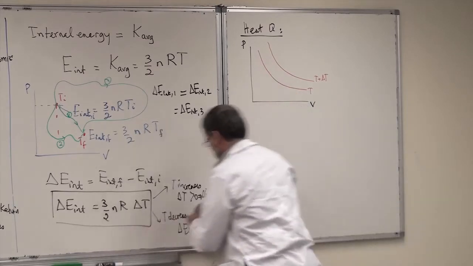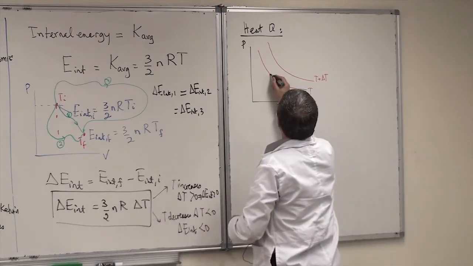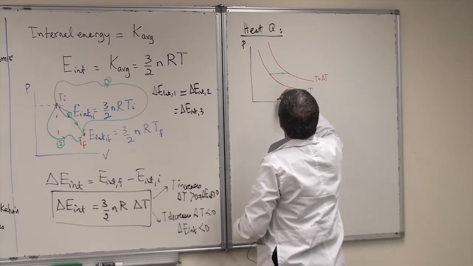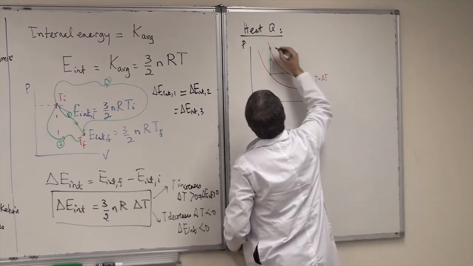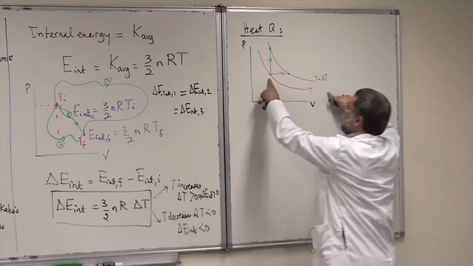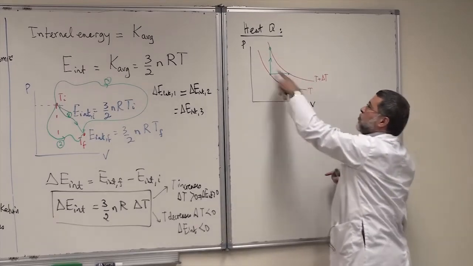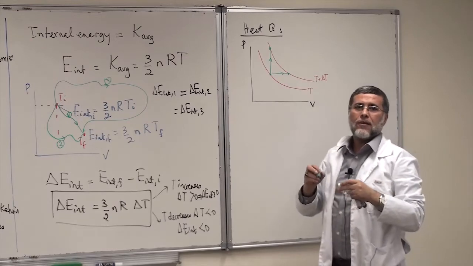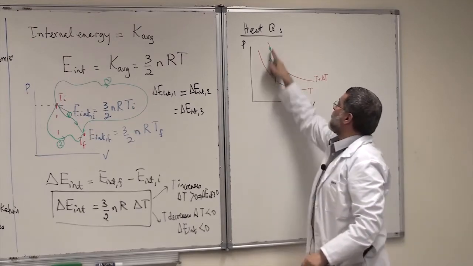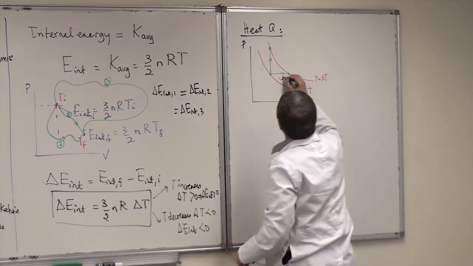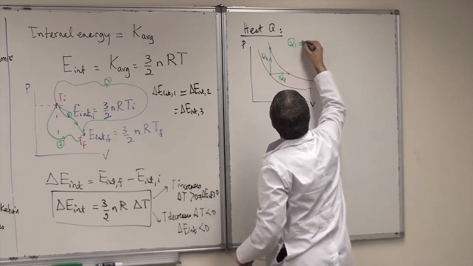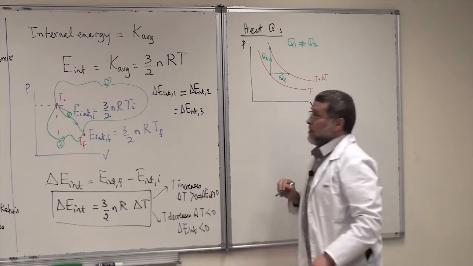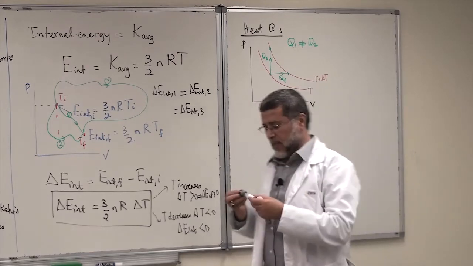So if we go now from this point like this, or you go from this point like this, and calculate the heat, even though T initial and T final are the same for both, Q is different because it is path dependent. This path is different from this path. So I call this one Q1 and I call this one Q2, and I'm going to show you that Q1 is different from Q2, even though the internal energy was the same.